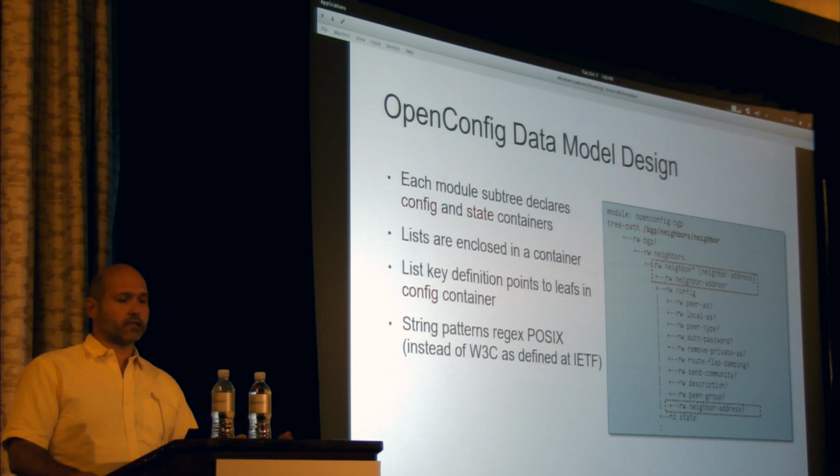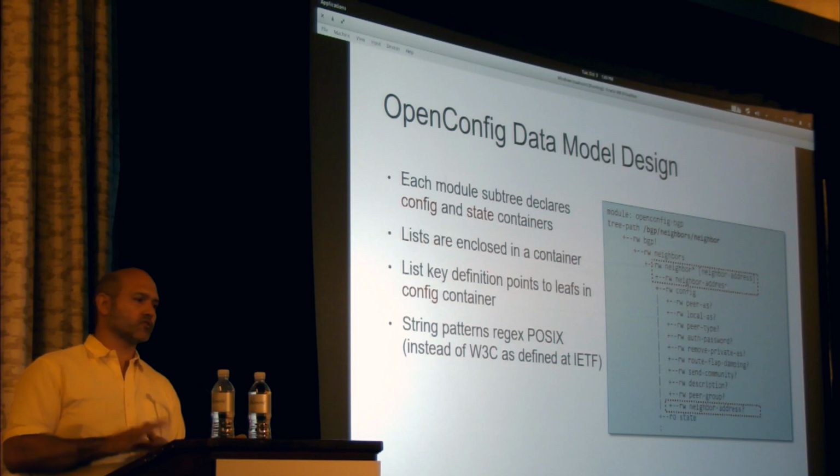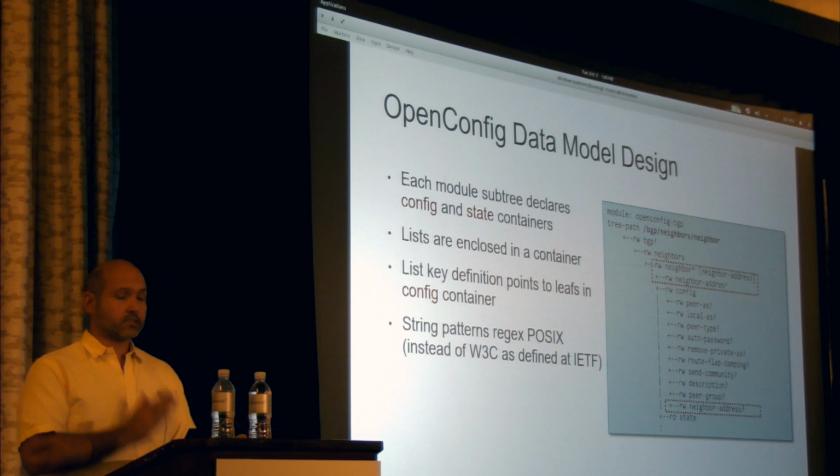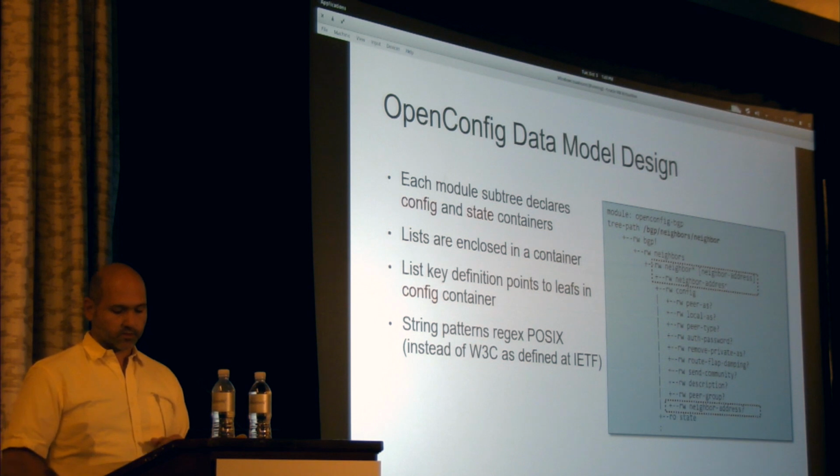In the case of OpenConfig, they chose the POSIX flavor of regular expressions, because of the additional support for POSIX regular expressions instead of W3C. I would say most tools today compensate for this difference, and there's been a lot of dialogue going back and forth. Last time I checked, there's a trajectory to reconcile the use of regular expressions going forward in OpenConfig, to stick to the Yang specifications and not create issues for existing tools.